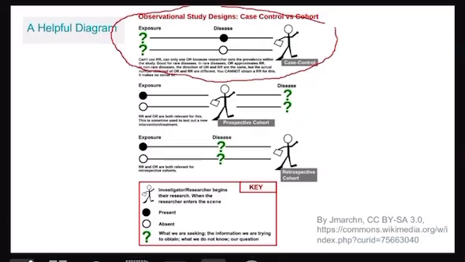Right now, I'm talking about case control, where the sampling is done with respect to those who have the disease, the outcome. So right now, the dots are those who have the disease and those who do not have it. But what question do we want to answer? We want to answer a question about exposure.